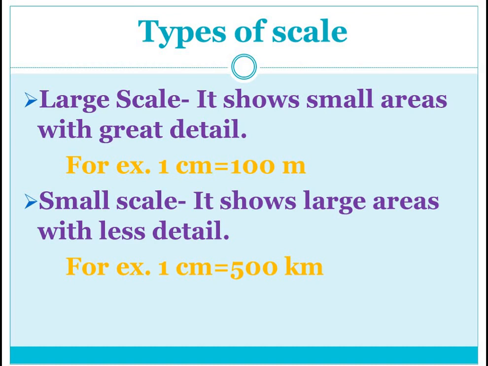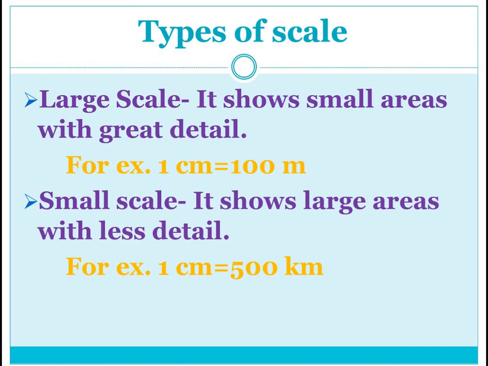And for example, 1 centimeter is equal to 500 kilometers. It means 1 centimeter of the paper is showing 500 kilometers of the actual ground. So this is all about the two types of scale, large scale and small scale.